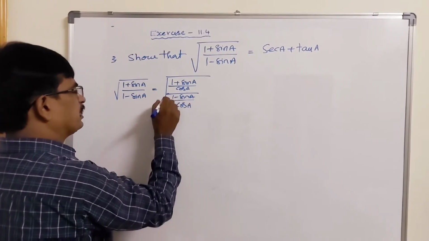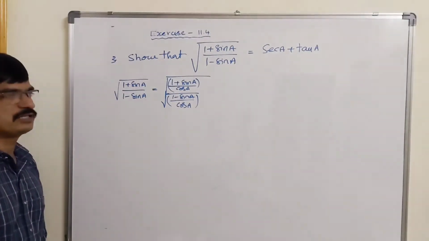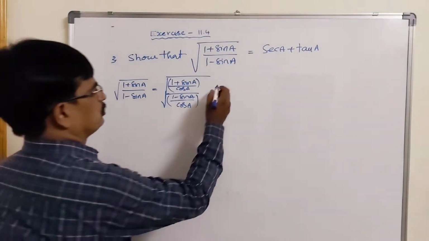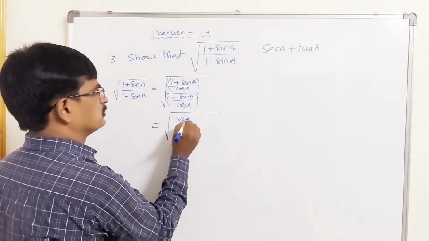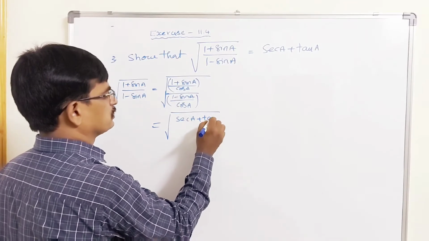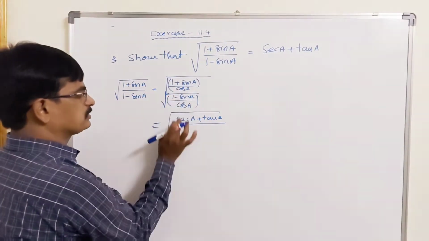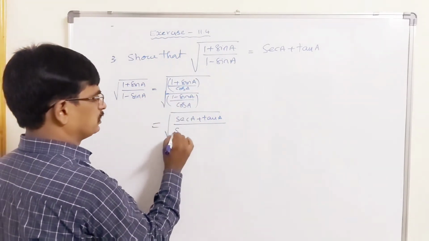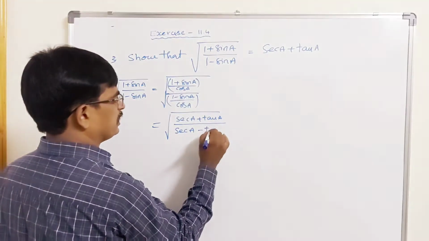Why? Because the answer is in terms of secant and tan. So that is the root of (1 by cos a, secant a, plus sin a by cos a, tan a) by (1 by cos a, secant a, minus sin a by cos a, tan a).